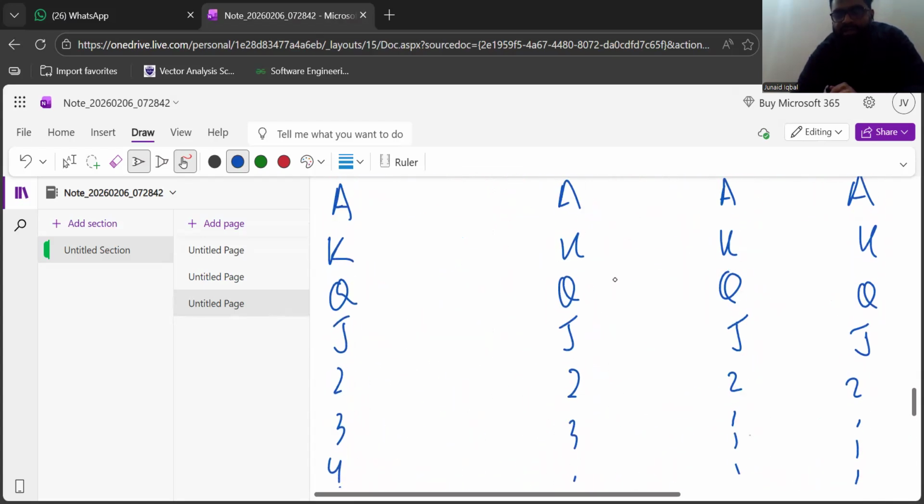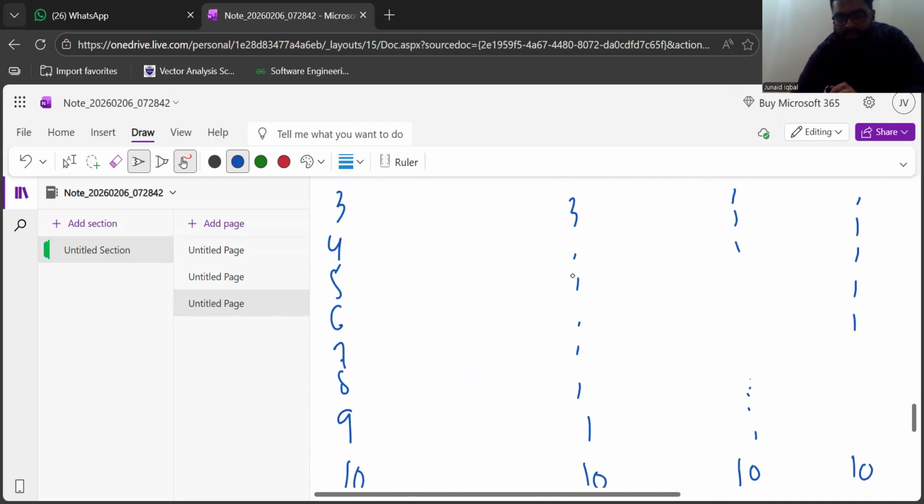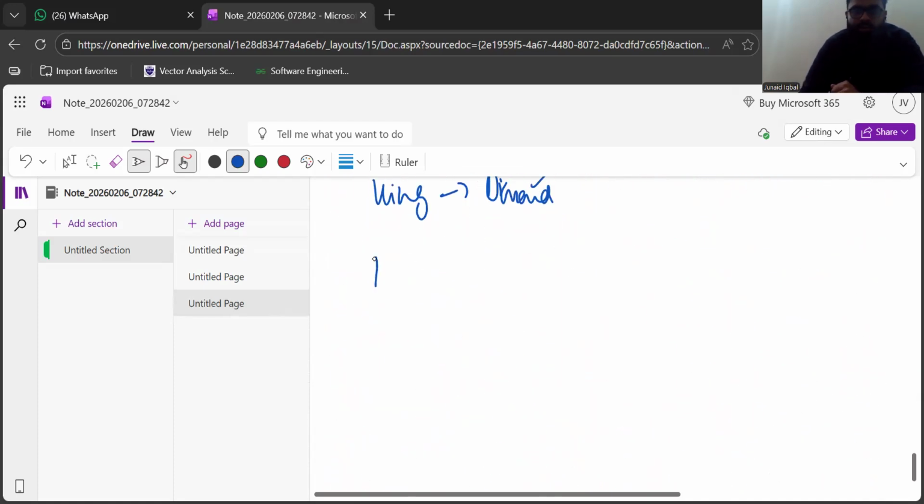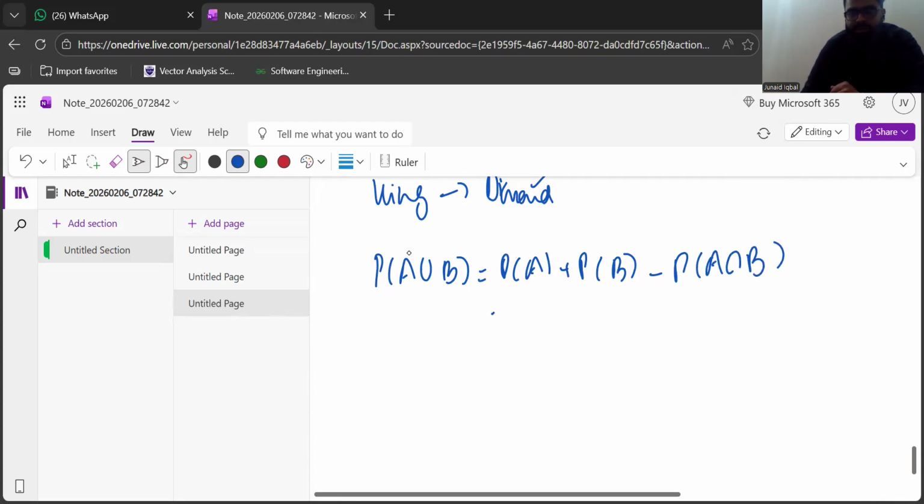So when we put this in the formula, I'm writing the formula again: P(A union B) = P(A) + P(B) - P(A intersection B). Let's say this is the red event and this is the king event. So we need the probability of getting red, the probability of getting king, and the probability of red and king.